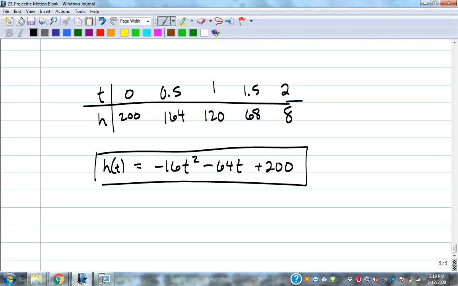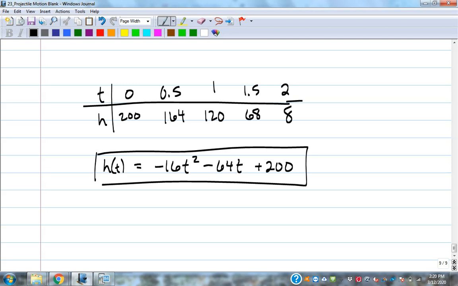Or what is the height when something is on the ground? 0. So we're going to set the whole problem equal to 0 and solve it. It's just like what we were doing on the page in front of that. It's just we had to make the equation from that set of data first. Quadratic regression is all that is.